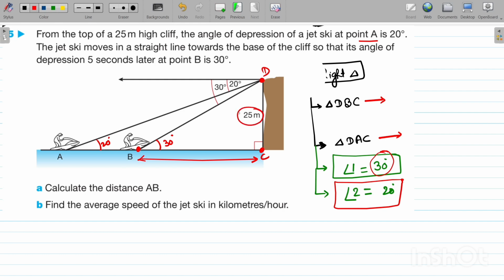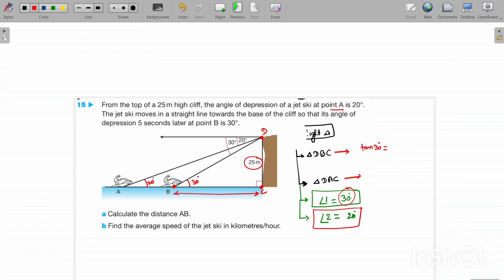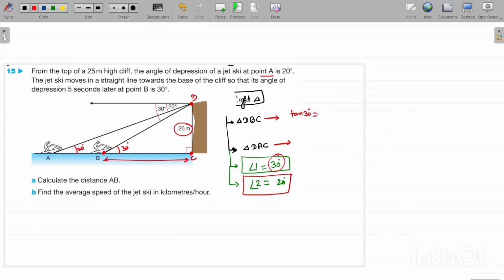And this is given as 25. So can we apply the tan 30 in the triangle DBC? Yes, Abdullah, you have to tell me the expression for tan 30 in the triangle DBC. Which side upon which side? Please try for the triangle DBC. You have to apply the tan rule here. What should be the tan theta? 25 over BC. Correct.